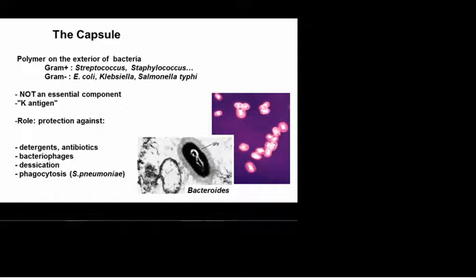Bacillus anthracis has a polypeptide capsule. Some bacteria have a capsule-like structure made out of a lot of copies of protein. But mostly we're talking about polysaccharides or polypeptides that are not synthesized by the ribosome.